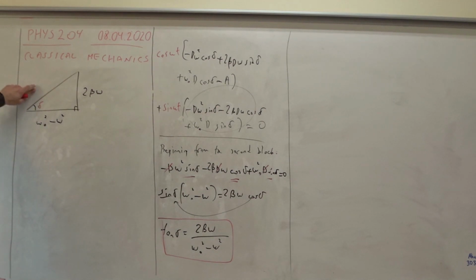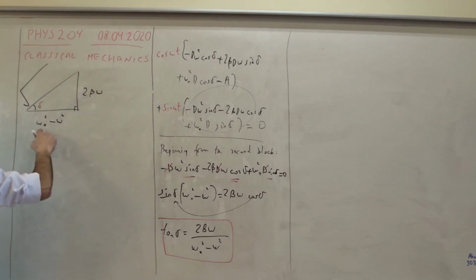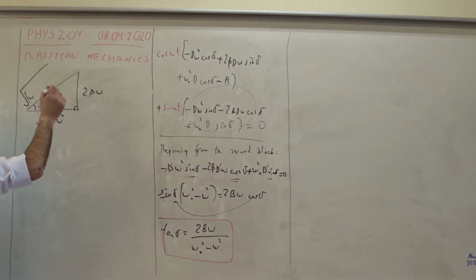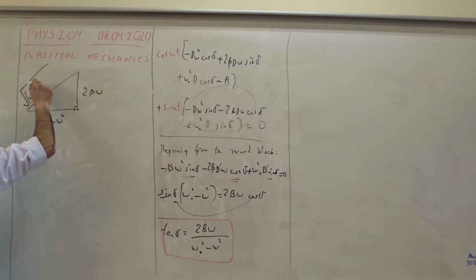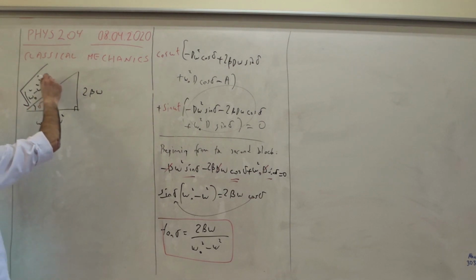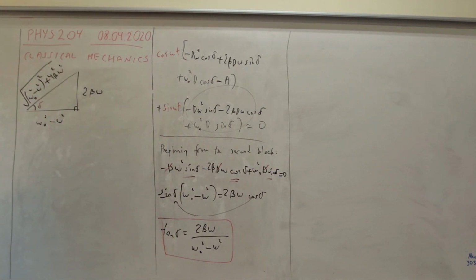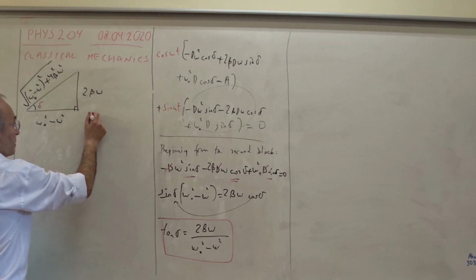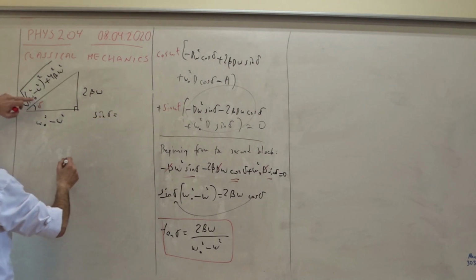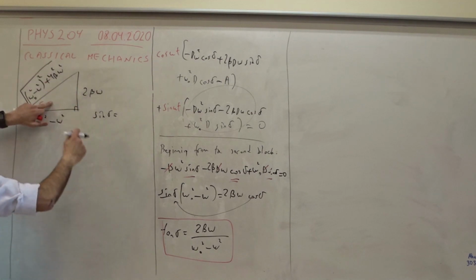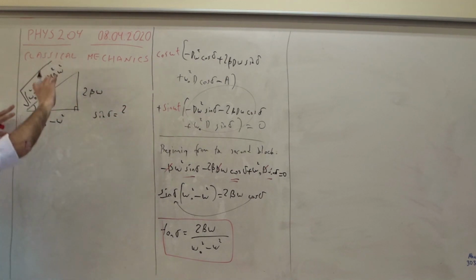So what about the hypotenuse? From the Pythagorean rule, we can easily find the hypotenuse. It is the square root of omega 0 squared minus omega squared, together squared, plus the square of this, which is 4 beta squared omega squared. So we can easily get sine and cosine delta. For simplicity, I will not write the full square root, just write the root.